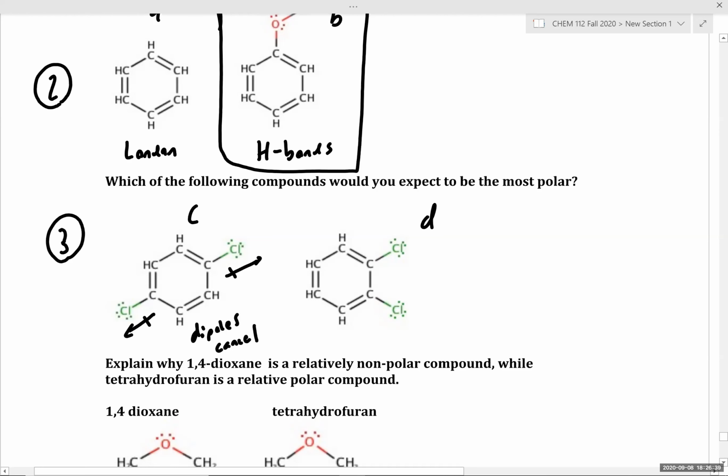So here we see a link between molecular shape and polarity. Compared to molecule D, our dipoles add, and we have a net dipole that is reinforced because both of our chlorines are on the same side of our molecule. Does that make sense?